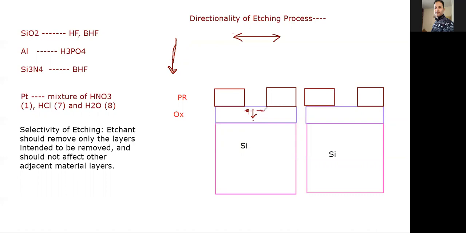So what will happen: the etchant will remove this material in the vertical direction as well as in the horizontal direction. Maybe I will use a black color, or maybe this color.